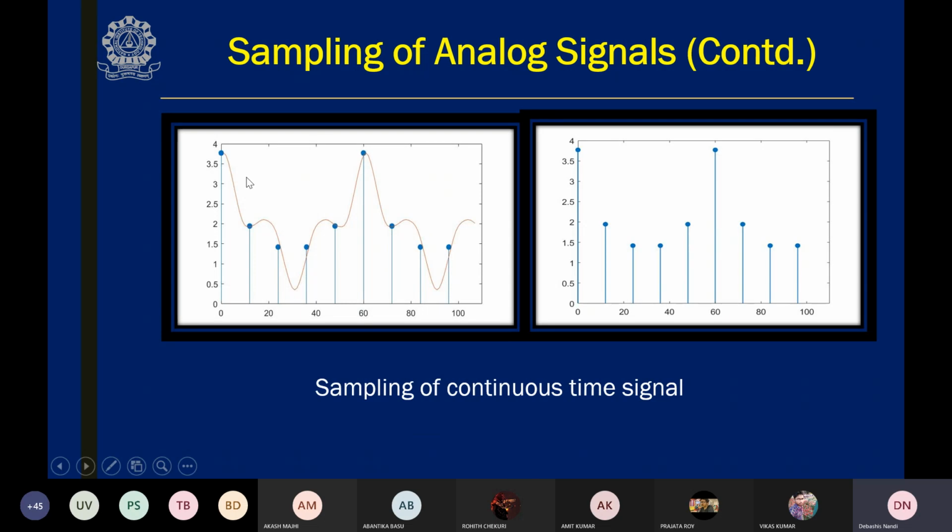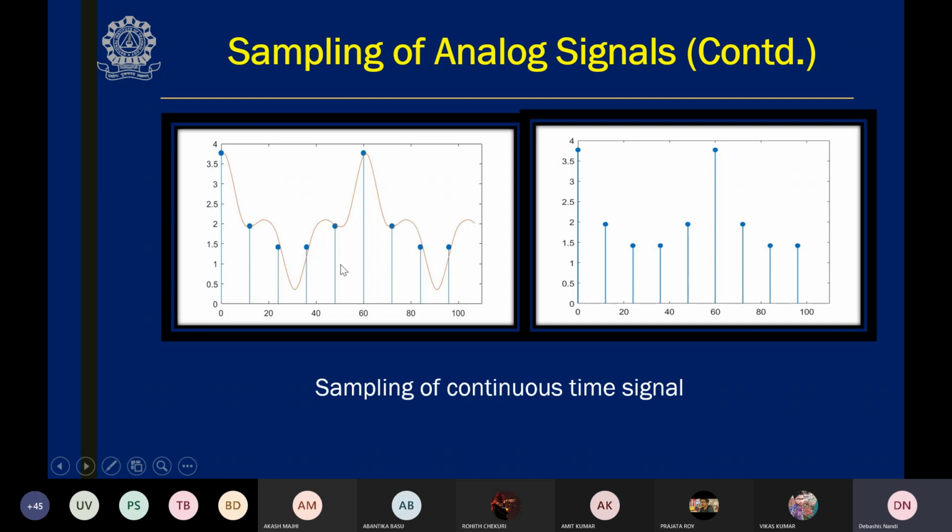Here, this is one sample value you are getting at t equal to 0. Then at t equal to somewhere here, for example 10, you are getting another sample value. Then at this point another value, at this point another value, and so on. So at regular time intervals you are taking the sample values. In between these two samples, no signal value or sample value is taken.